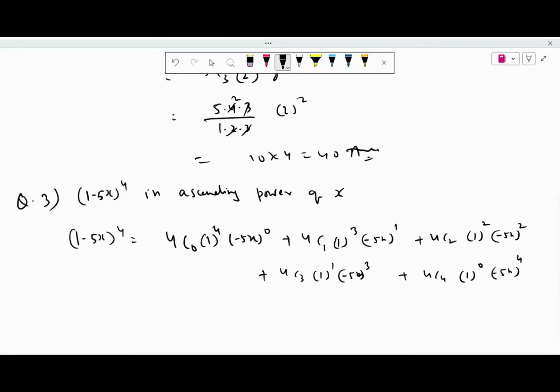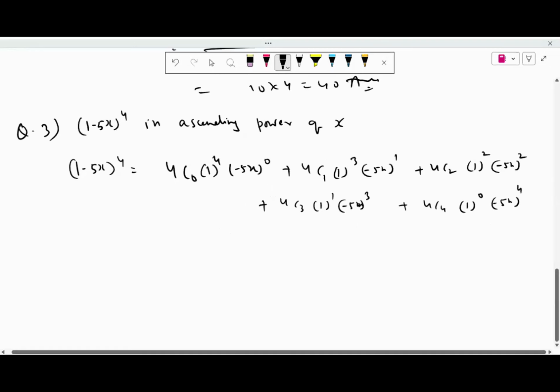So 4C0 is 1, minus 5x to the power 0 is again 1. So this whole term is 1.